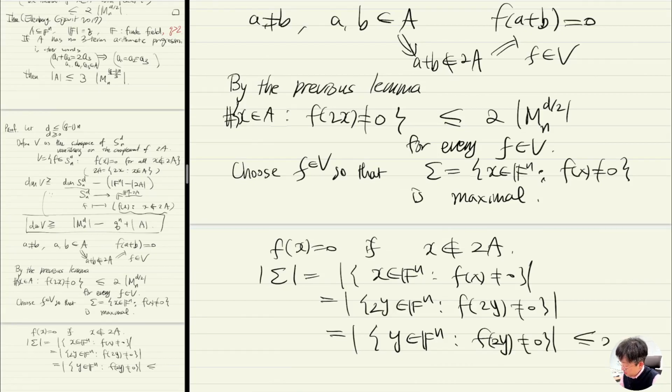The number of them is at most twice m_d over 2 by the previous lemma. So the size of sigma is bounded. It's small.